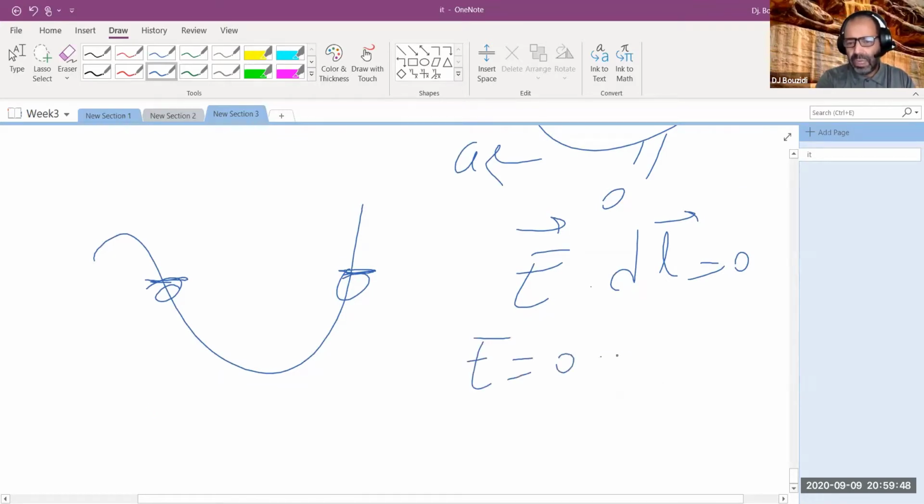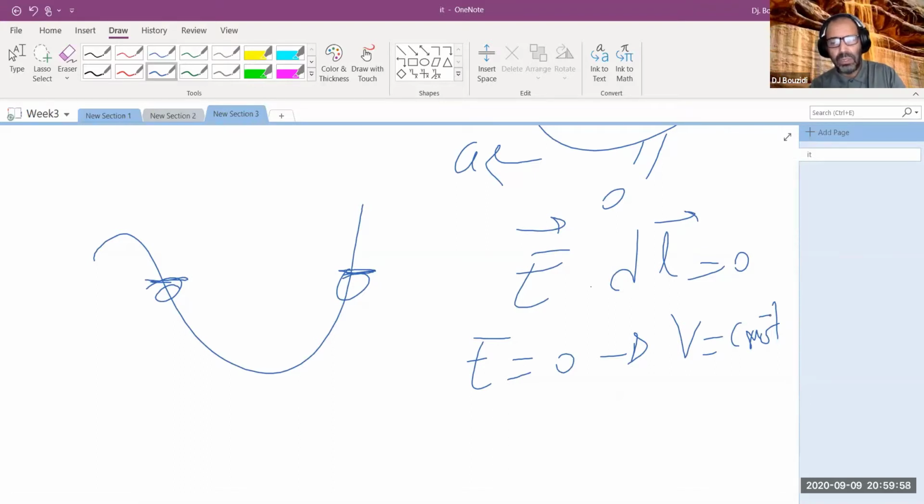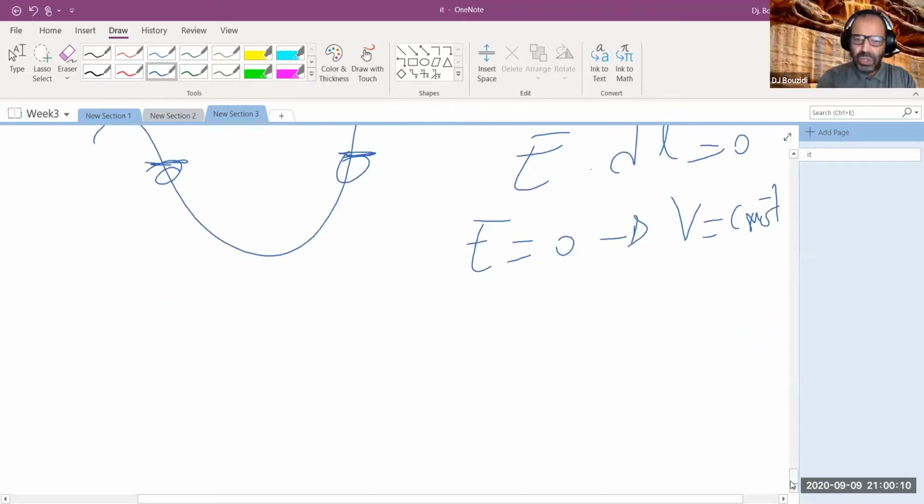So E equal to 0 is a trivial solution, and the voltage is constant. That's true. But what if E is not equal to 0? There is actually a finite value for the electric field. That is the case that is interesting. Then, because dl is a displacement on the surface, the displacement on the surface and the electric field must be perpendicular. So E is perpendicular to the points on the surface.